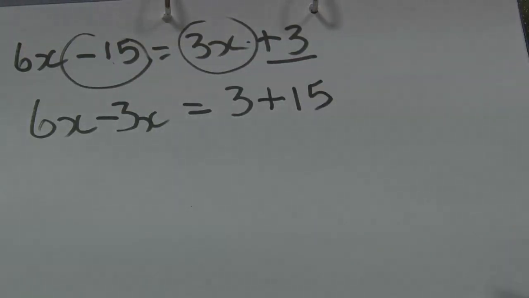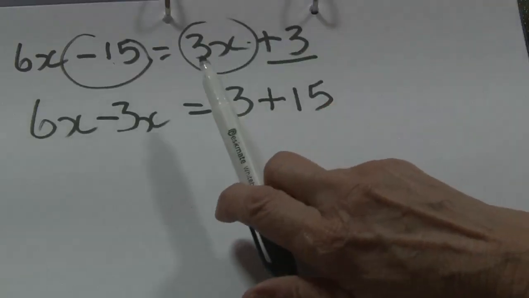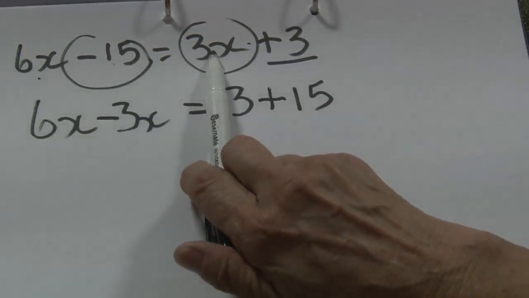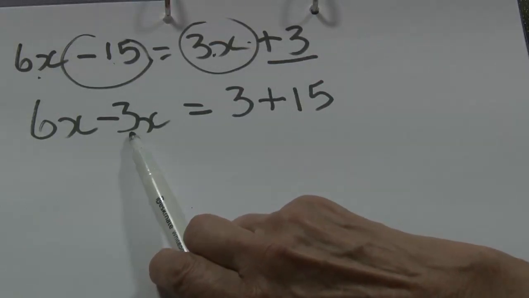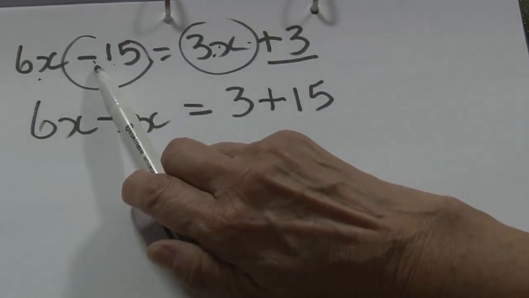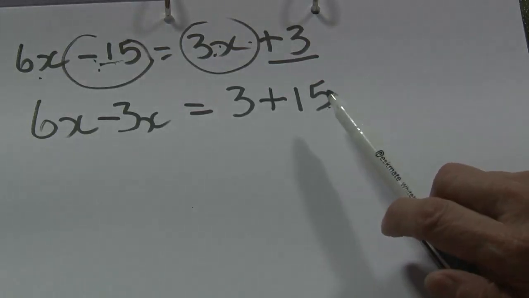Now you will start realizing that if I have something like this, 6x is positive, the 3x is there. When it goes to that side, it's a minus, it's positive. Next to the equal sign, it's negative. 15 is negative there. It changes to positive. It does not really change.